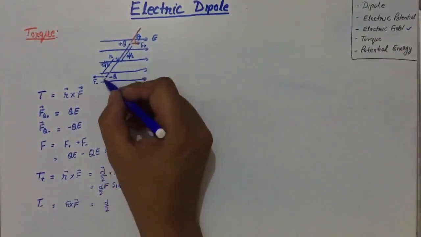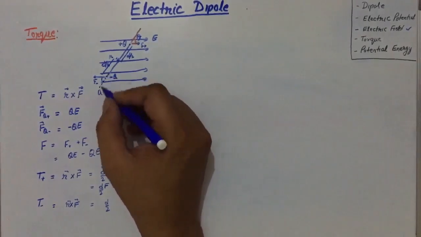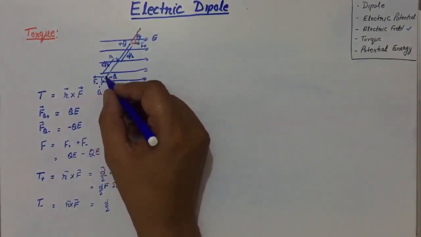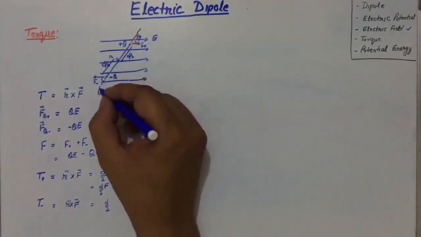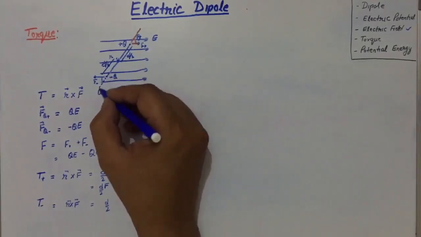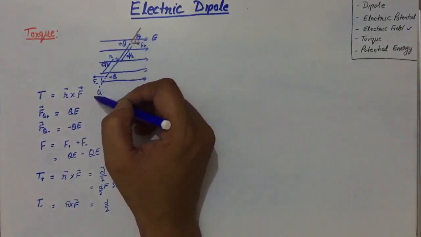R is in this direction and this is the direction of F, so both are in opposite directions. If R is considered positive here, then it is negative here.